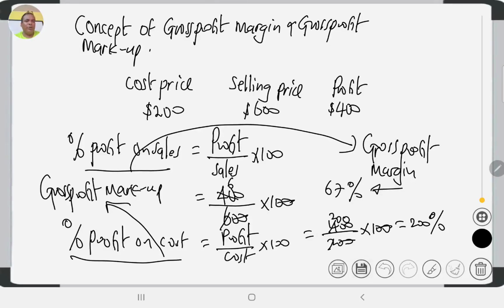So whenever you are going to calculate gross profit in terms of percentage of sales, we call it gross profit margin. If you are going to calculate gross profit as a percentage of cost, we call it gross profit markup. Now, let's see a question on how to calculate profit.